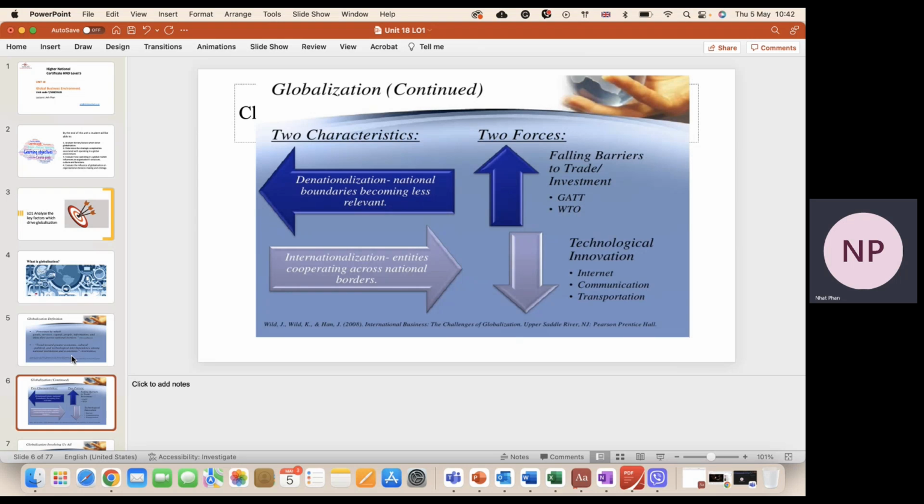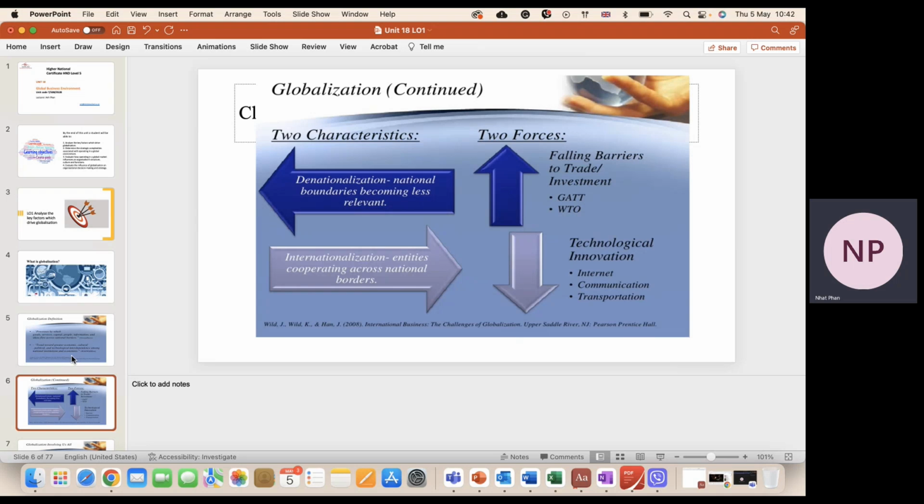Some countries close themselves off so much that they don't want to adopt anything new. For example, North Korea does not open itself to exchange culture, economics, and so on. So they are not categorized as denationalized nations. And denationalization is one of the main factors that push globalization to happen.